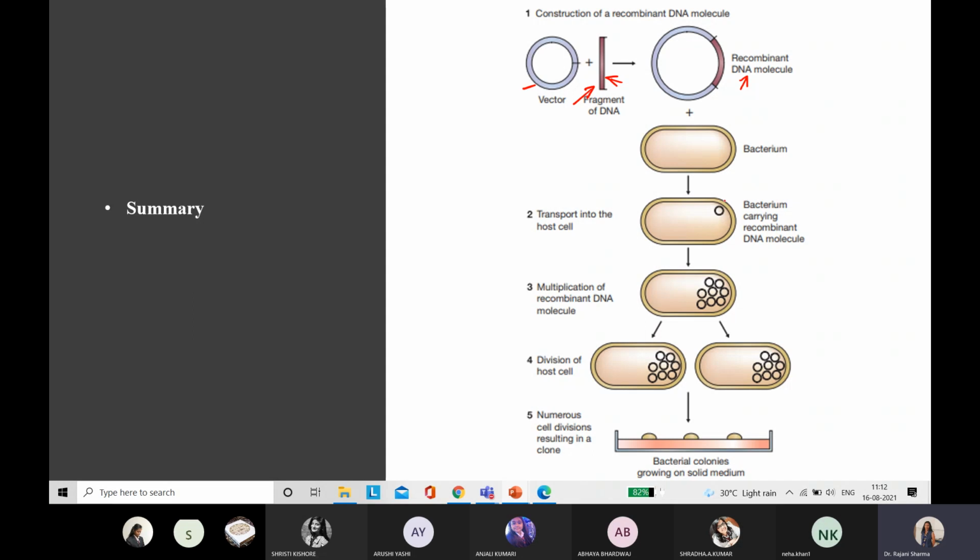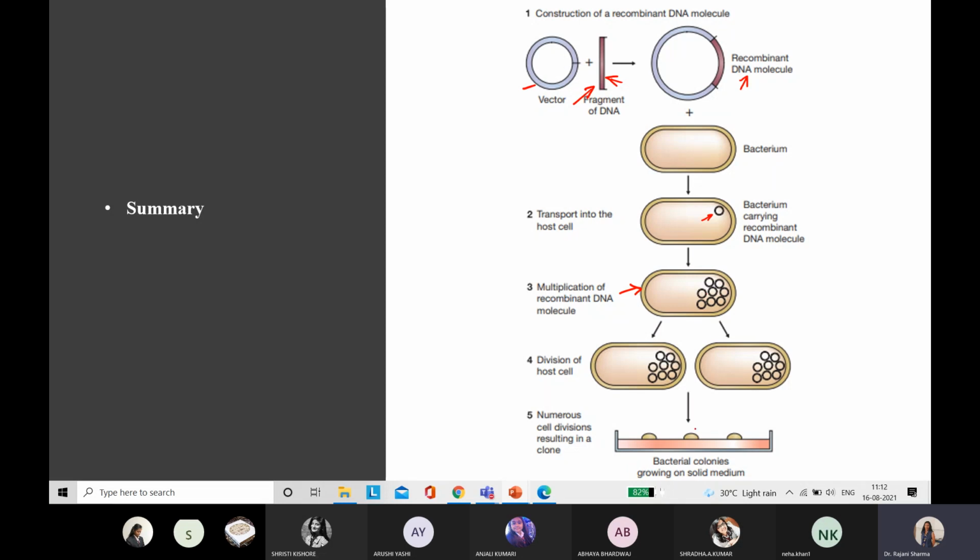This bacterium has all the physiological support for the replication of this plasmid. So the plasmid will undergo replication and its number will increase, and when the bacteria divide by binary fission, the replicated or copied plasmid will also be divided.